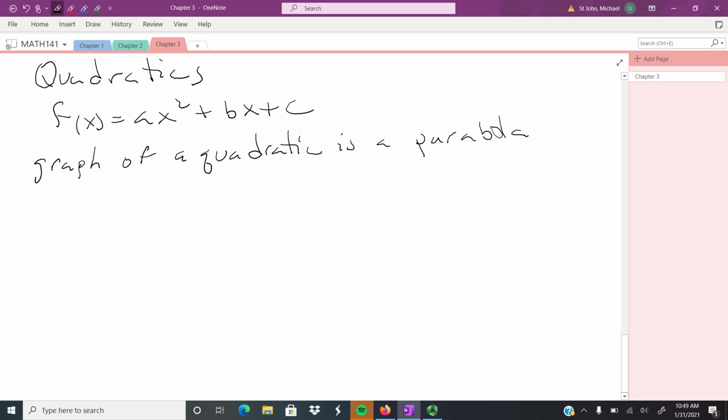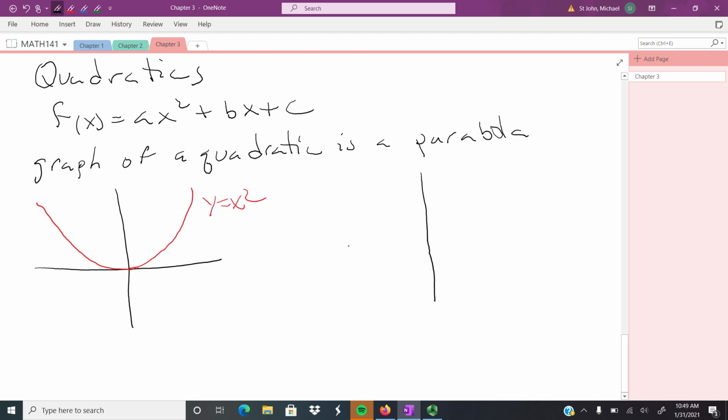A basic graph of a quadratic would be this one, and this is y equals x squared. And then I could also do this one, and this is y equals negative x squared.